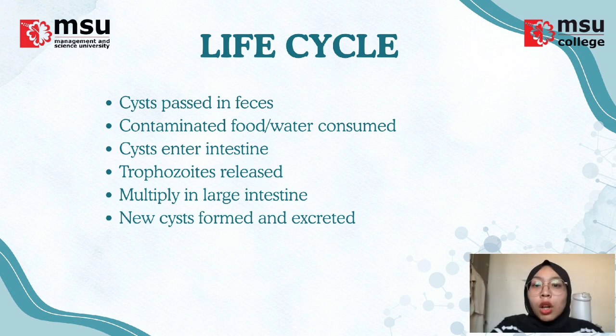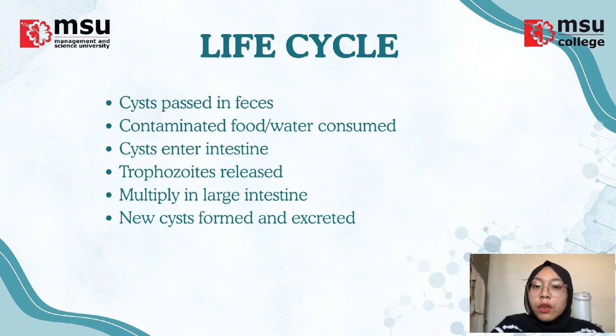The life cycle of Entamoeba coli is straightforward and does not require an intermediate host. It begins when mature infectious cysts are passed out in the feces of an infected individual. If these cysts find their way into food or water sources due to poor sanitation, they are consumed by a new host.